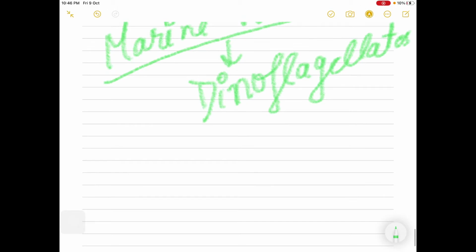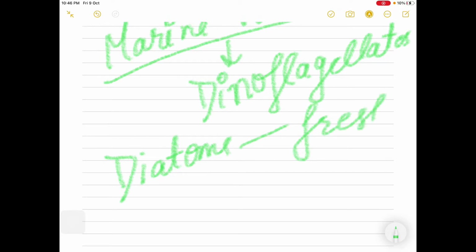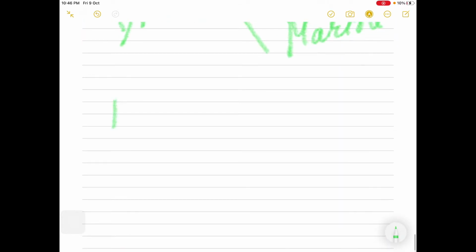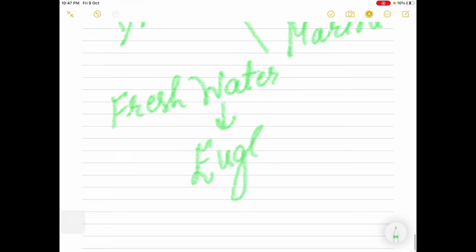Because you people know that diatoms can be fresh water also, and they can be marine water also. But marine water is specifically dinoflagellates. And now freshwater example is Euglena, right?